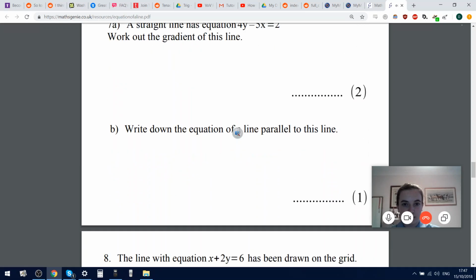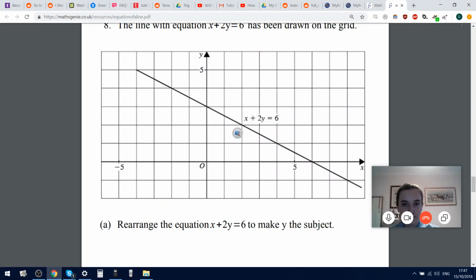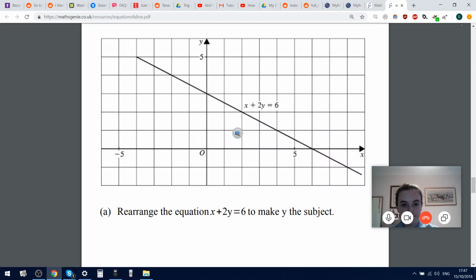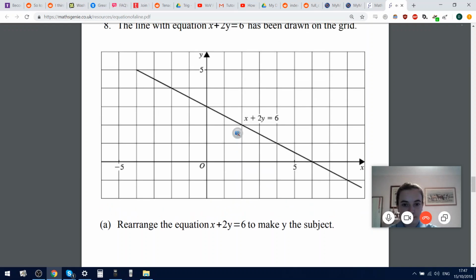Let's just more of the same. Okay. So rearrange to make y the subject. I think you're okay. We'll try it. 2y equals 6 minus x.